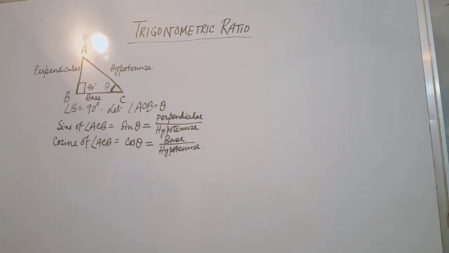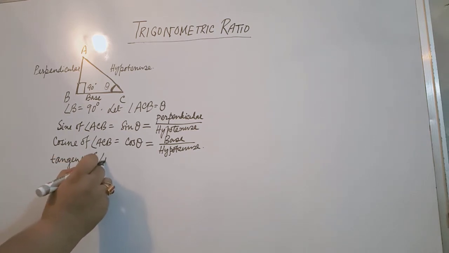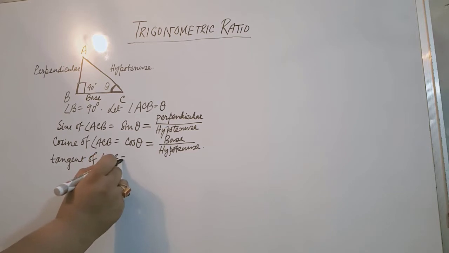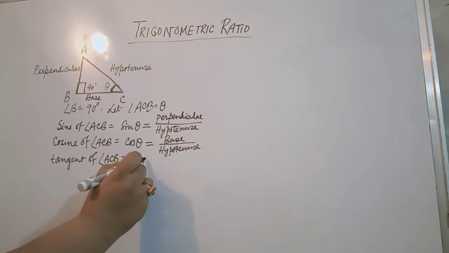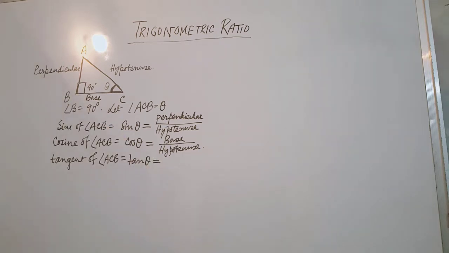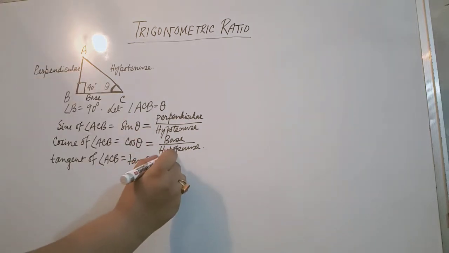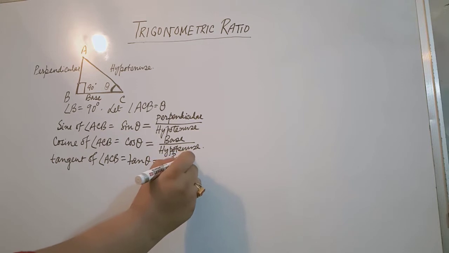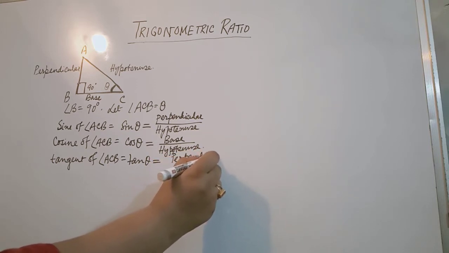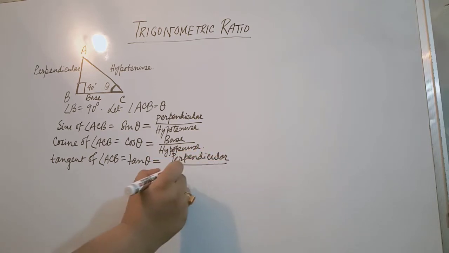Next measurement is tangent of angle ACB. In brief, it can be written as tan theta, which equals perpendicular by base.